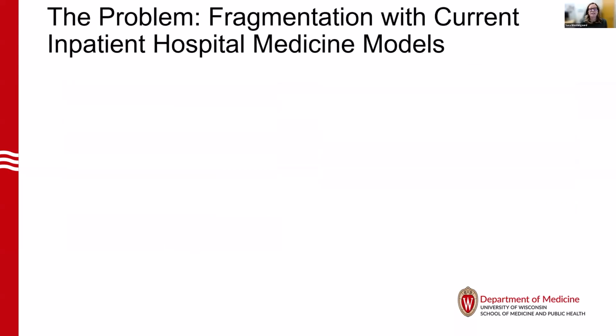What happens with these models is that it's created a lot of fragmentation with the care that's being delivered. I'll walk you through how this impacts a patient. A patient gets hospitalized and they are assigned to a hospital medicine team.